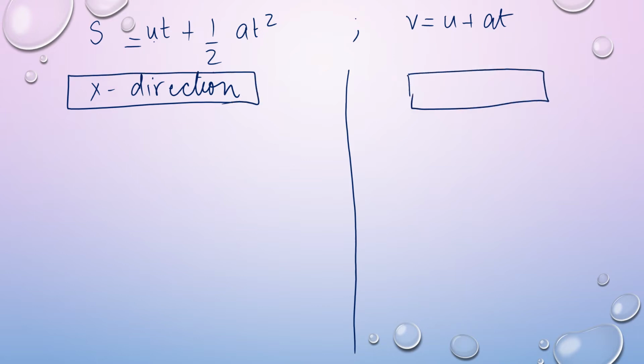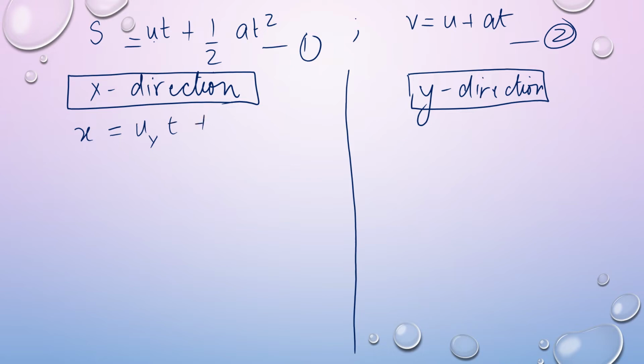Toolbox means all the equations that I need to solve this question. For the x direction, I'll use both equation 1 and equation 2. Let's say my horizontal component of displacement is x, then x equals uxt plus half axt squared. Here t is the time of flight and x is the range.